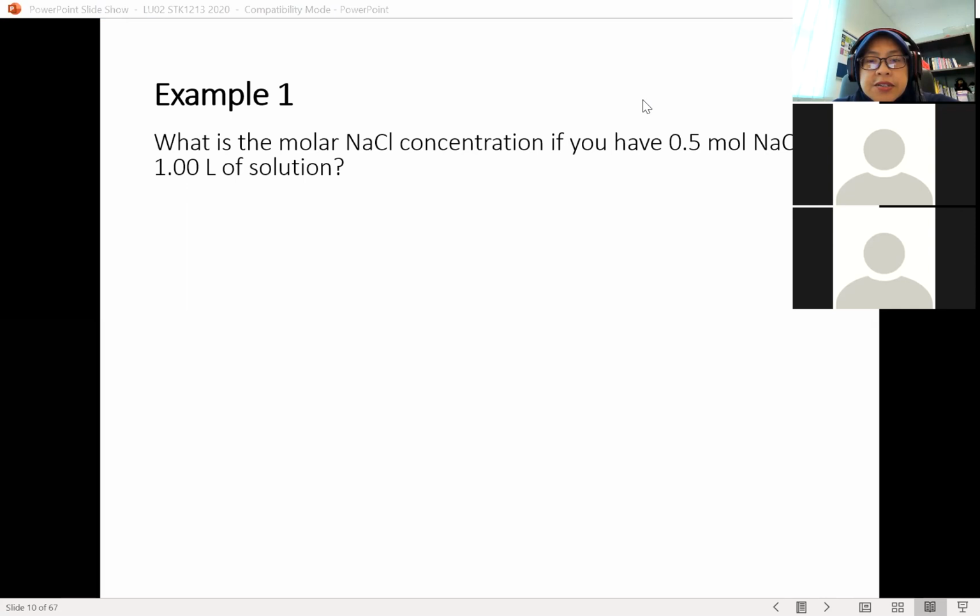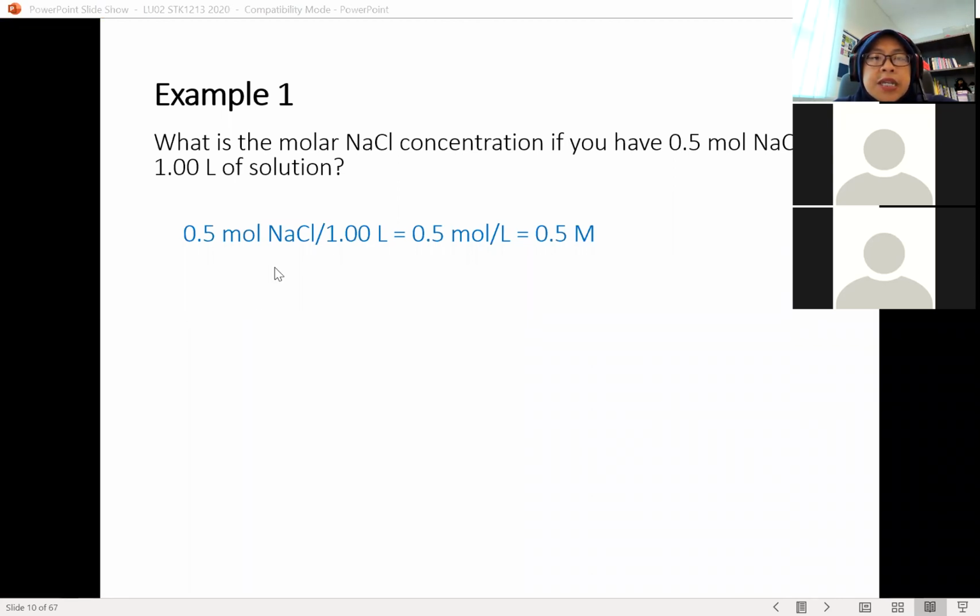Okay, Shohada said 0.5. Others? Firuzah said 0.5. Yes. You have mole of solute over liter of solution, so you just straight away divide the values to get 0.5 molar. Okay. Another question.